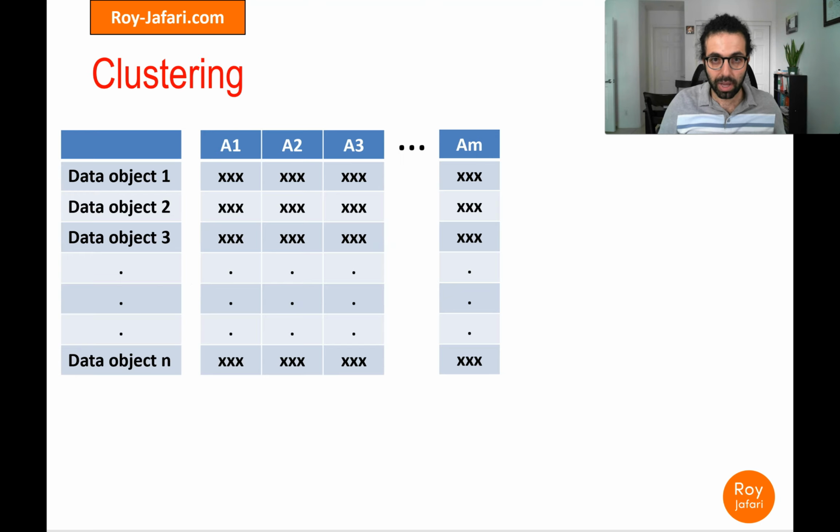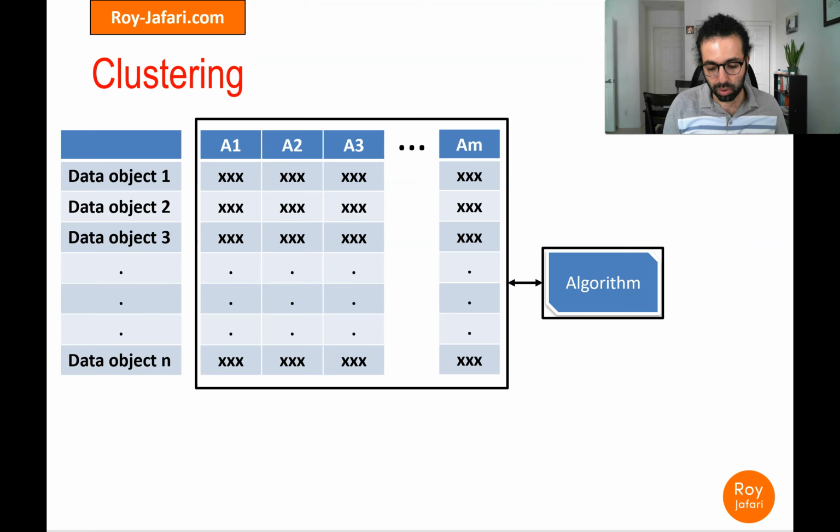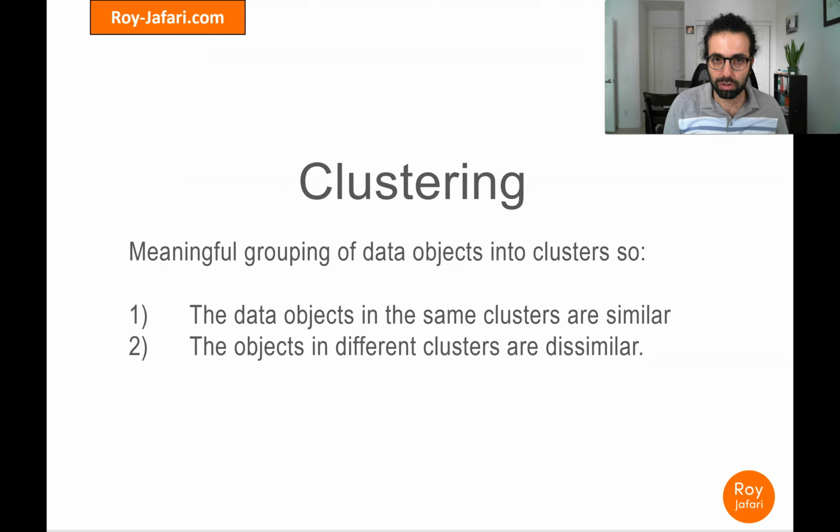Clustering is when we have no dependent attributes. We don't have a supervised agenda. Our agenda is unsupervised. We want to, based on the attributes in the data that are important for us, see if there are patterns existing in the data, and these patterns are caught by just seeing if there are data objects that naturally are more similar to one another, and there are data objects that are naturally more different from one another.